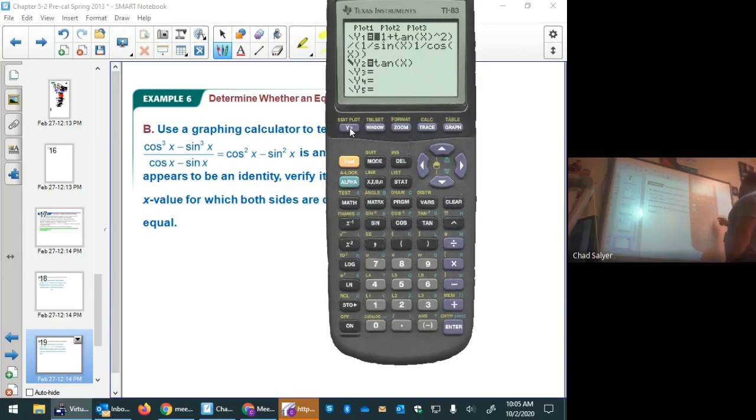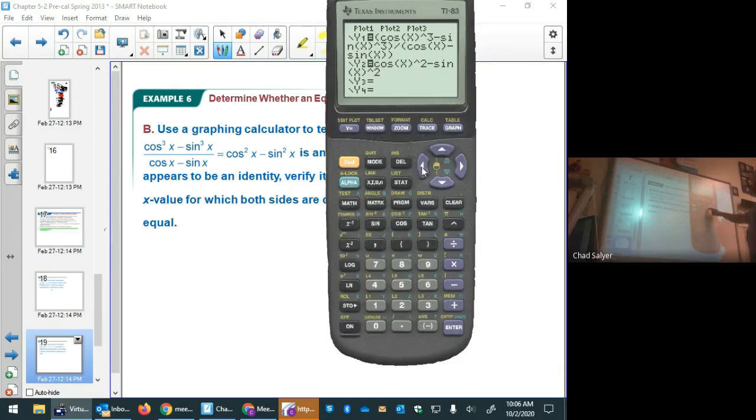So if I plug these expressions in, first of all, I have cosine of x to the third power in the numerator minus sine of x to the third power. Close the numerator. And then in the denominator, I have cosine x minus sine of x. Close the denominator. And on the right side, I have cosine of x squared minus sine of x squared.